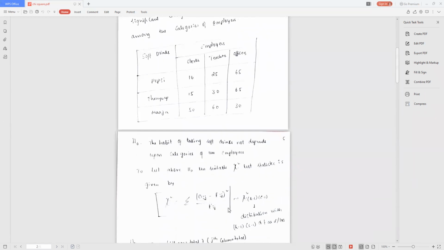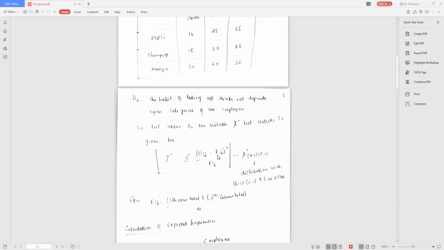Remember this chi-square formula. Here O means the observed frequencies and E means the expected frequencies.